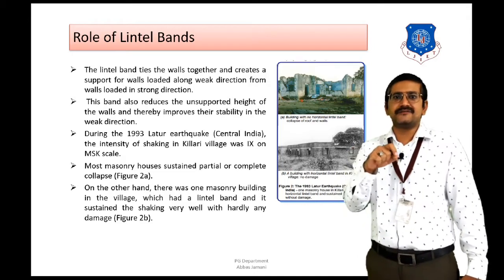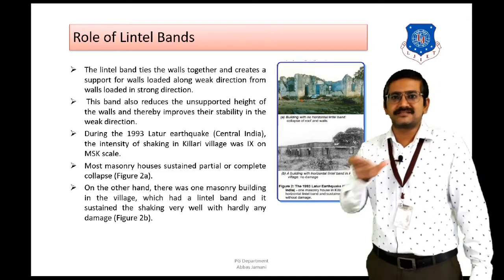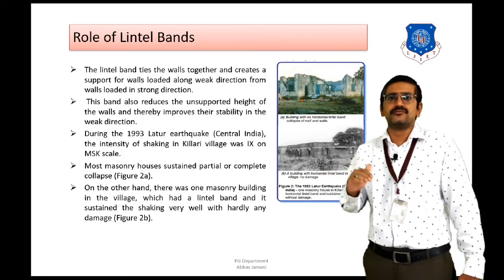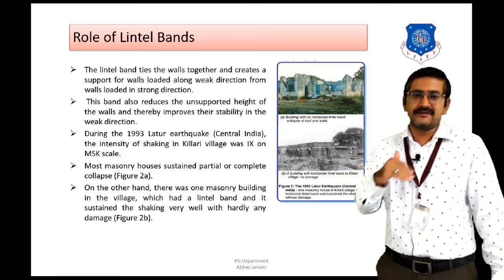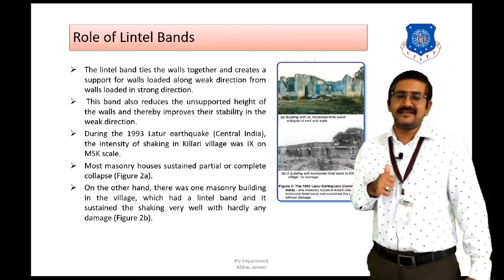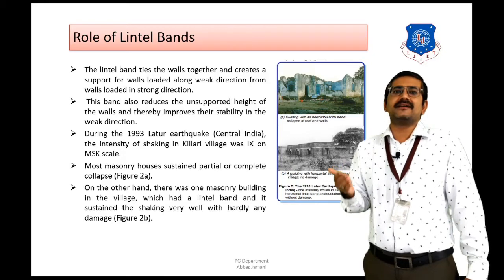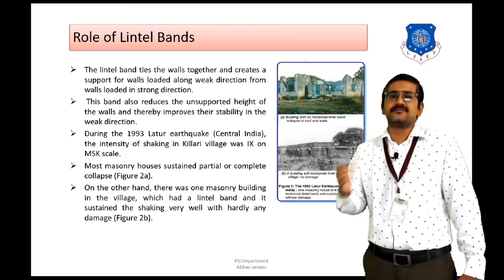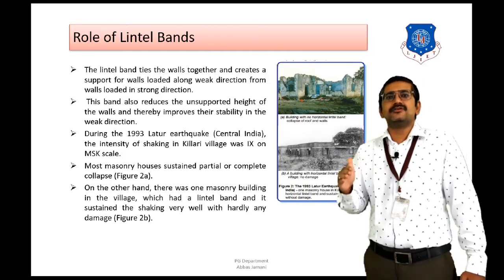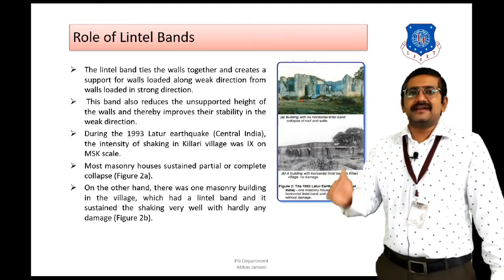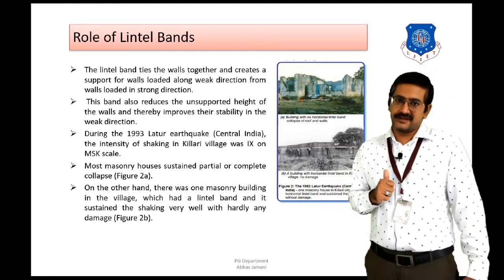And as a result of that, whenever an external horizontal push is applied, these walls will try to move together, and they will be acting as a support to each other, and it will allow the building to perform well in case of earthquake, and the load will be transferred safely to the ground, right?